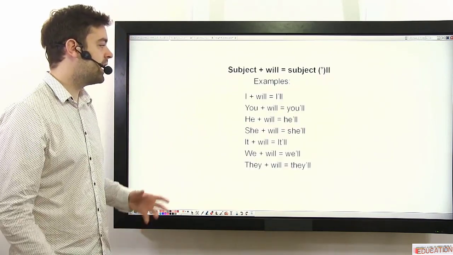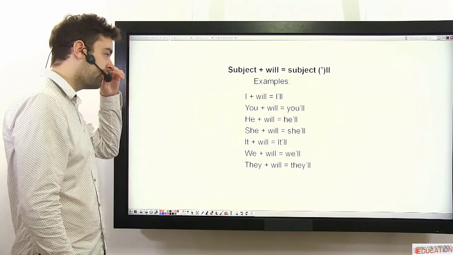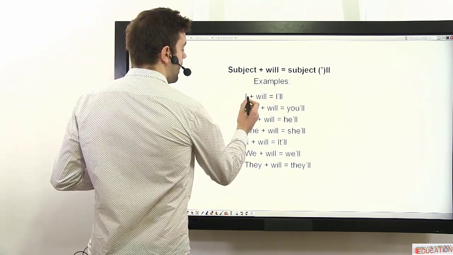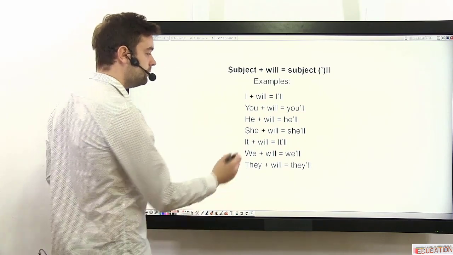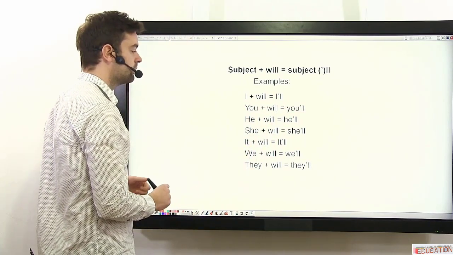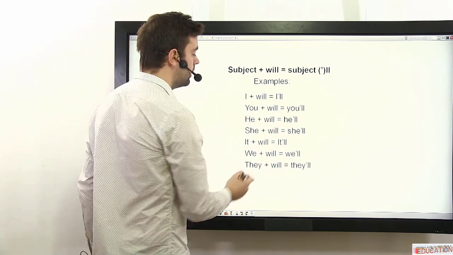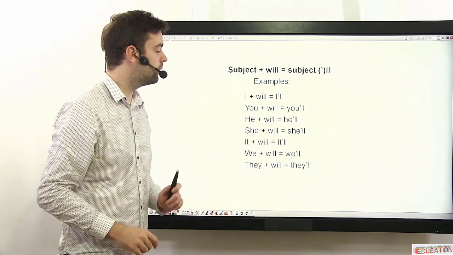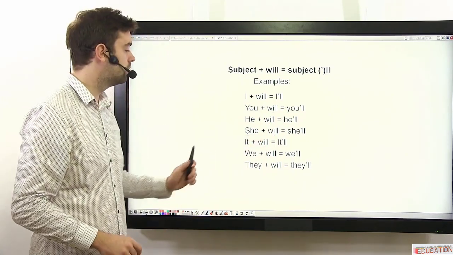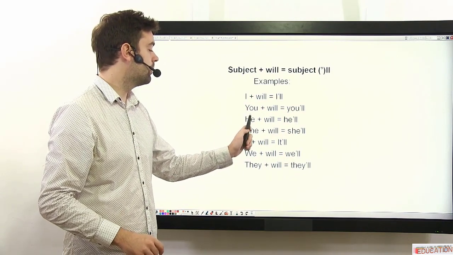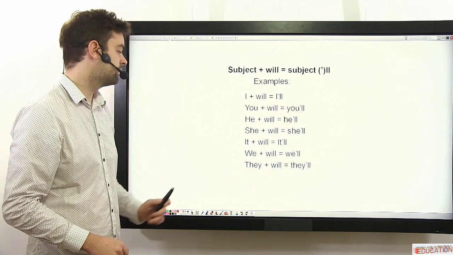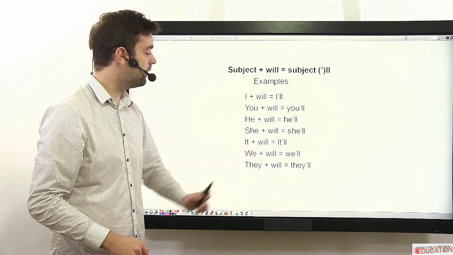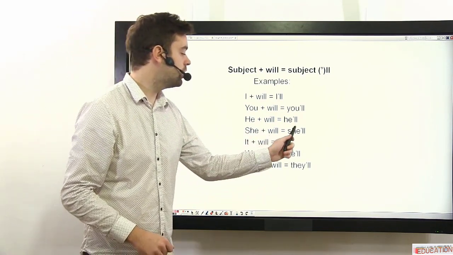So let's add the subject to the auxiliary. I plus will equals I'll. You plus will equals you'll. He plus will equals he'll. She plus will equals she'll.